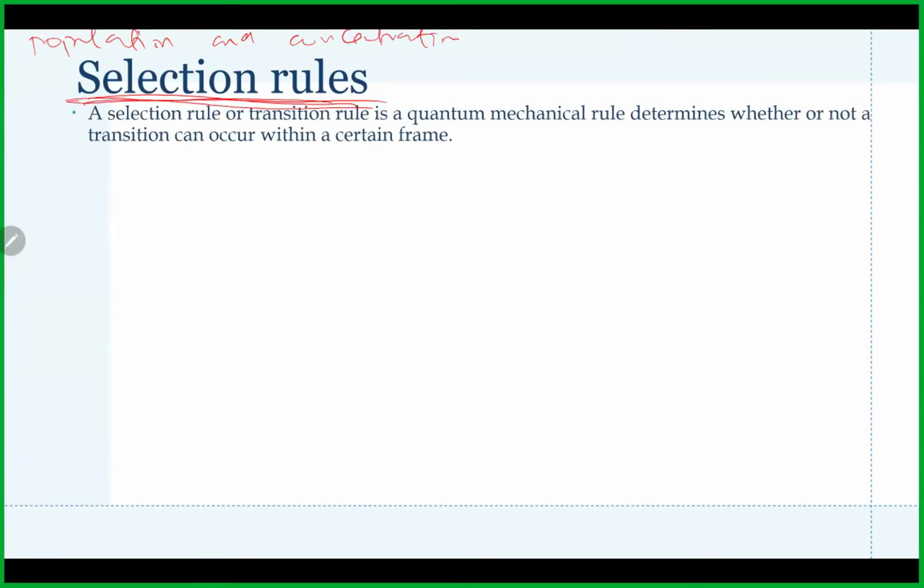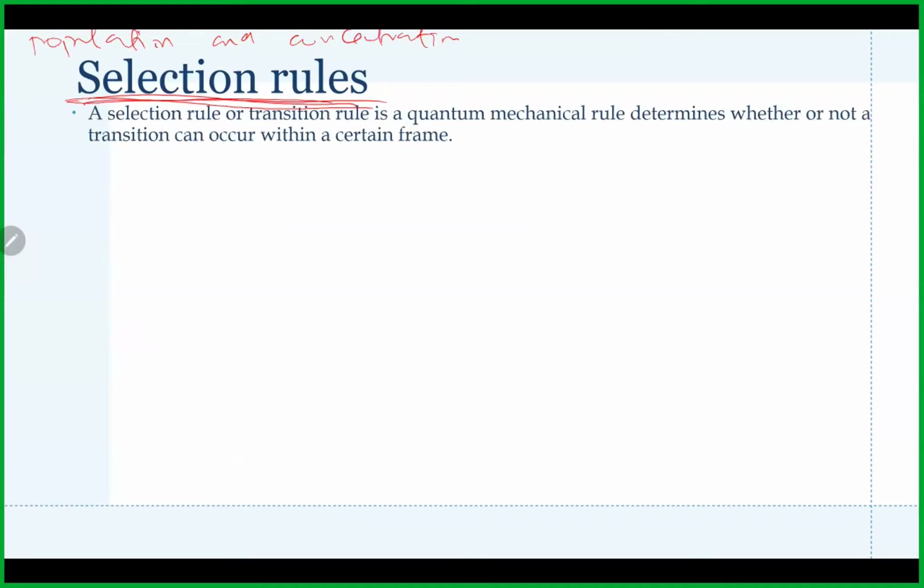When you're looking at anything, you try to rationalize it. The other thing that affects intensity, other than population and concentration, is selection rules.